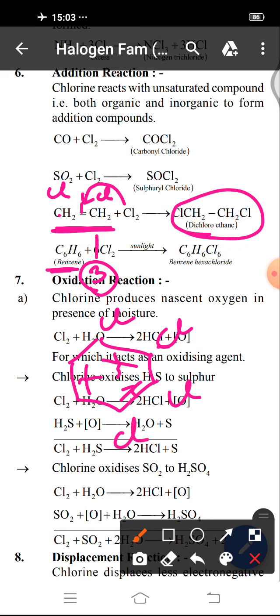Like this, when the last bond breaks, two more chlorine atoms attach, forming C6H6Cl6, benzene hexachloride. This is an addition product. So when chlorine undergoes addition with organic and inorganic unsaturated compounds, it forms addition compounds.